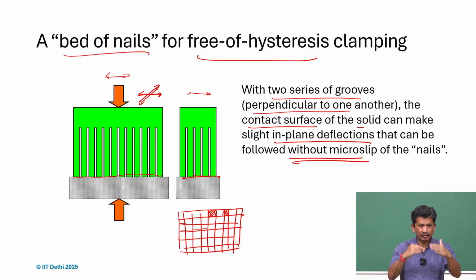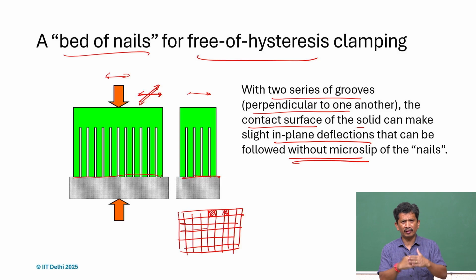Because these are elastic members, if they have to accommodate any kind of deviations because of thermal expansion or contraction, they can easily accommodate. There is no need to move it entirely. So without micro slip, there will be no hysteresis, and therefore the repeatability will always be better.